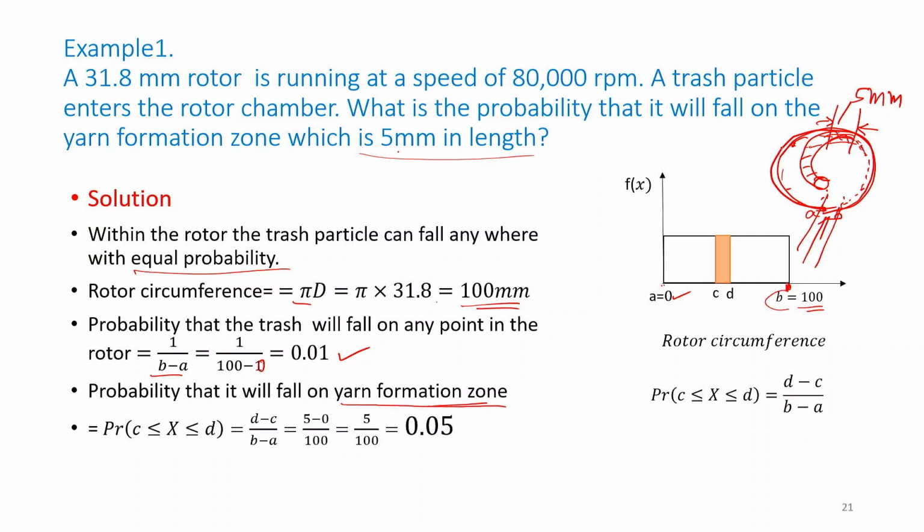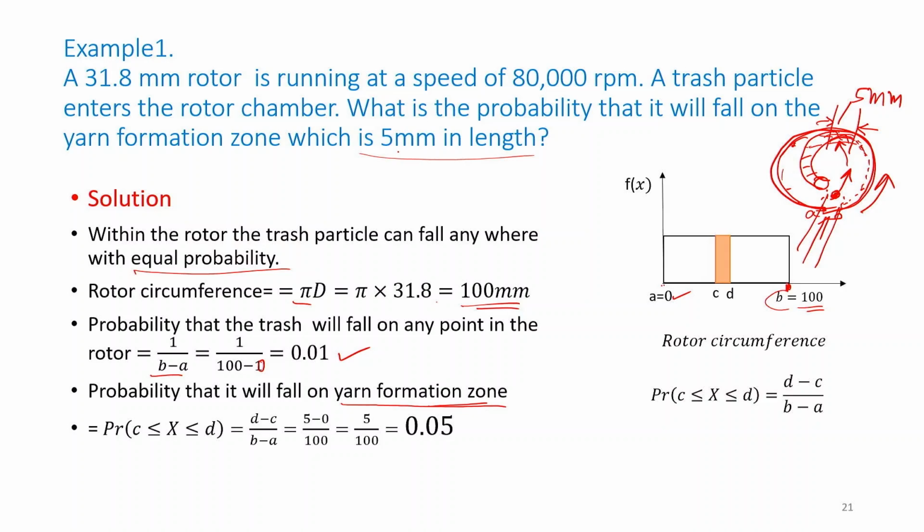So what is the probability that the trash particle, which is moving this side and going to land inside the rotor, is going to fall within these 5 mm? As the rotor rotates, the yarn inside the rotor also rotates along with the rotor, at a very high speed. So what is the probability that this trash particle is going to land exactly here?